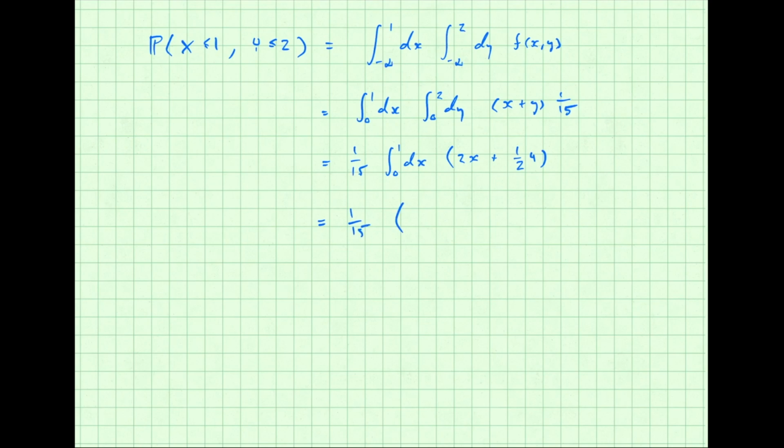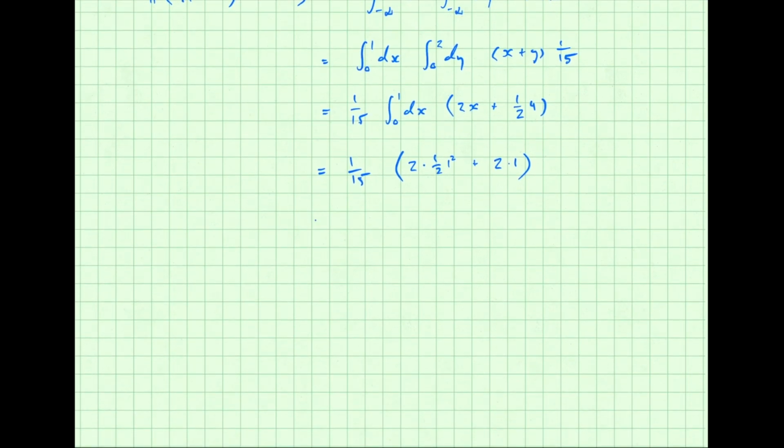I can do the x integral, and I get 2 times 1/2 times 1 squared, plus, now that half of 4 is 2, times the x, do the x integral, and you get 1. Alright, so it's 1/15, and I've got 1 plus 2. And so this is 3/15.